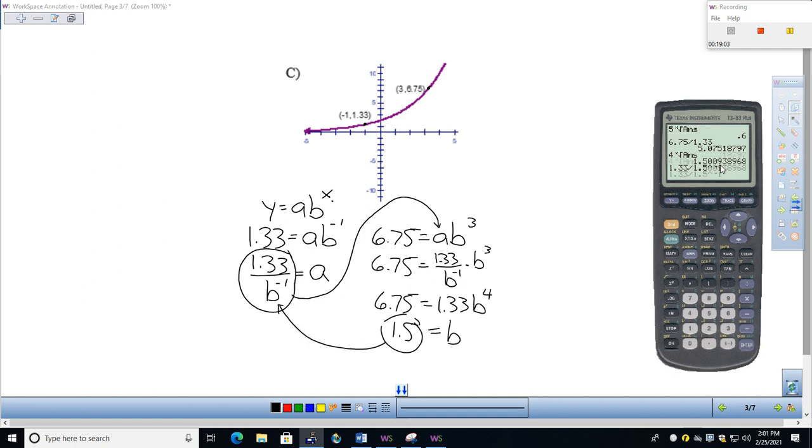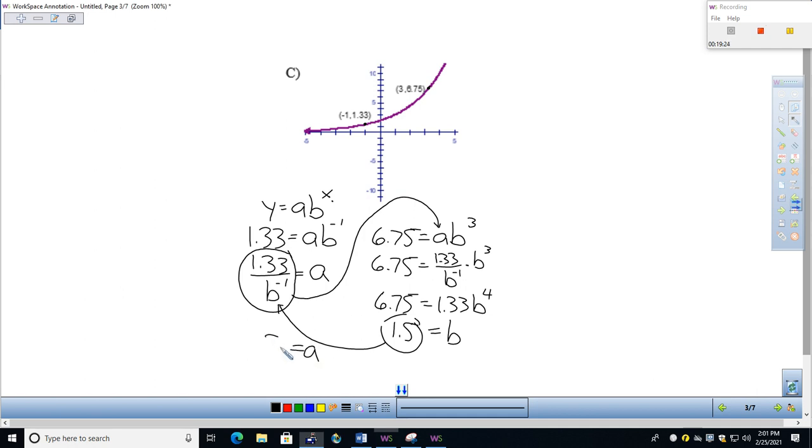I know it was right there, but couldn't trust it. So I'm going to say a is 2, and we're going to write our model. Y equals 2 times 1.5 raised to the x. So given 2 points, neither one was the y-intercept, we need to do a system of equations in order to get a and b. Awesome. Let's keep it moving.